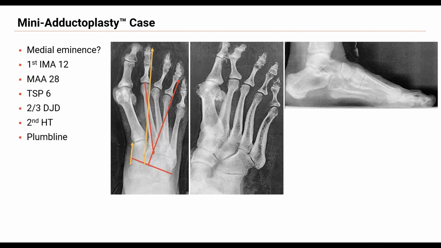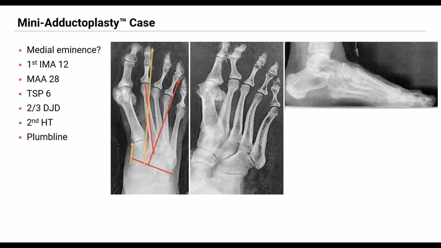So this is what shows up. Ball of the foot pain, bunion pain, not much of a bunion because of the adductus. So we look at this, and I like to use the plumb line technique to really show these patients, and it makes more sense when you're trying to explain to them, listen, we can't just do a bunion on this, because where am I going to put your first metatarsal?